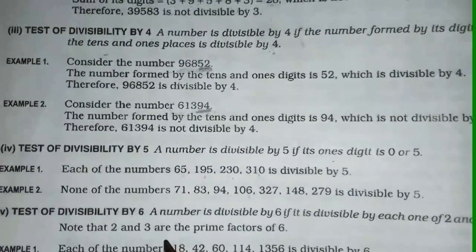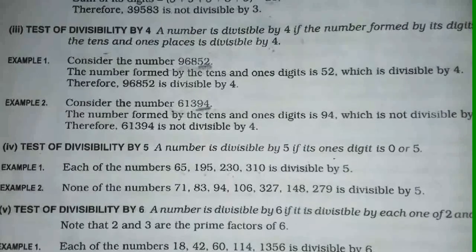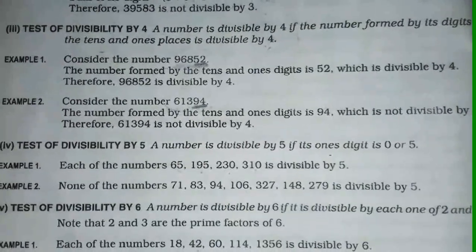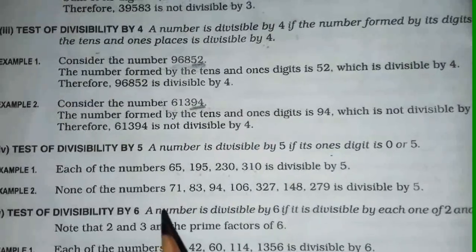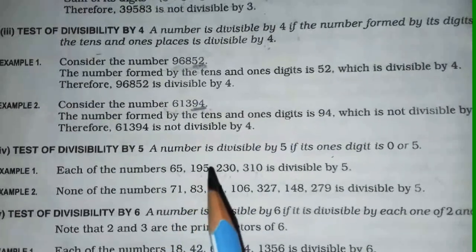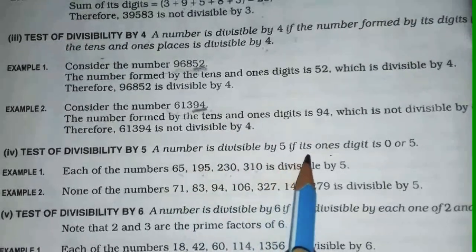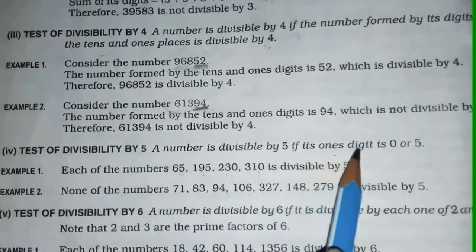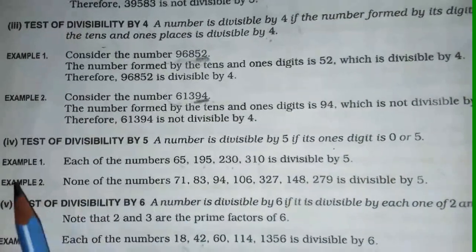Next, the test of divisibility by 5. Divisibility by 5 says that the unit place should be either 0 or 5. A number is divisible by 5 if its ones digit is 0 or 5.